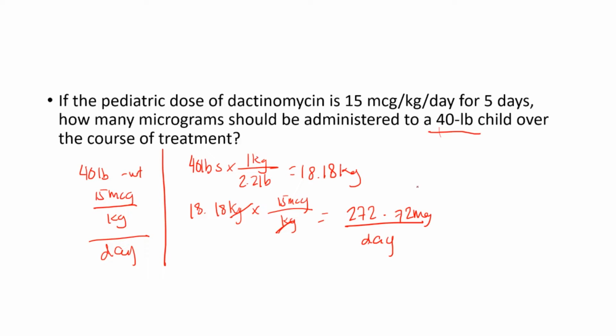Now, since it is a treatment course for 5 days, multiply nyo lang siya by 5 days. So, magka-cancel out din po yung days. And you will have a total dosing of 1,363.64 micrograms. So, this is the amount of dactinomycin to be given over 5 days. Kasi ang tinatanong ay total amount of drug.